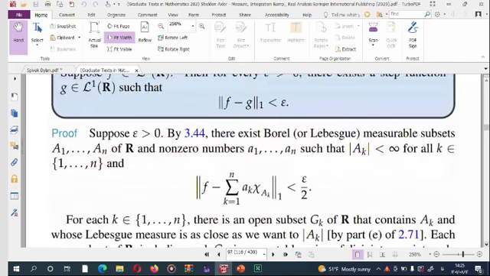For the proof, suppose epsilon is greater than 0.